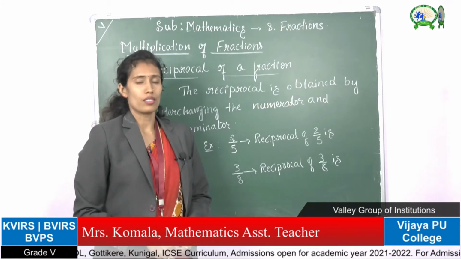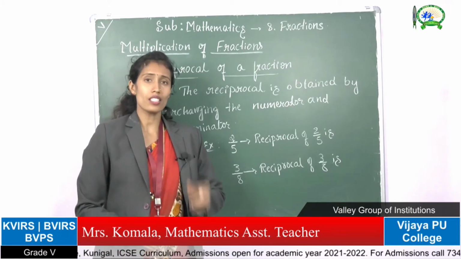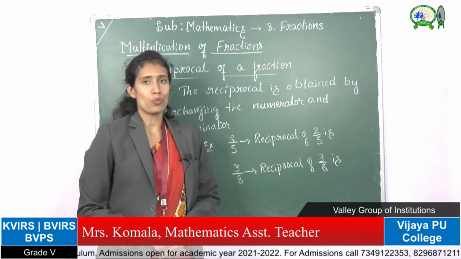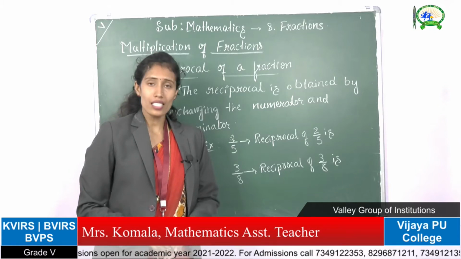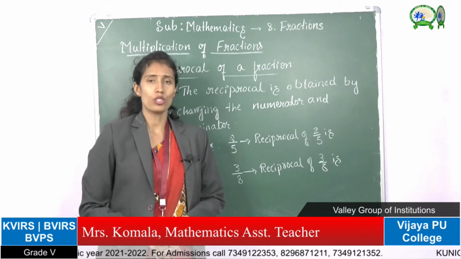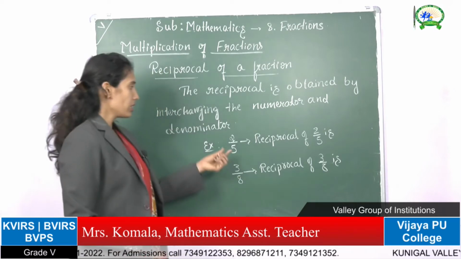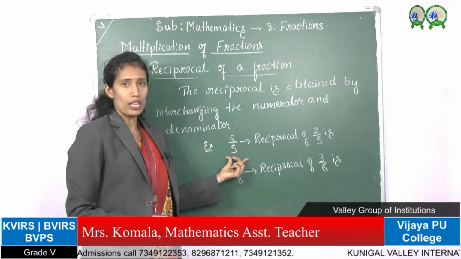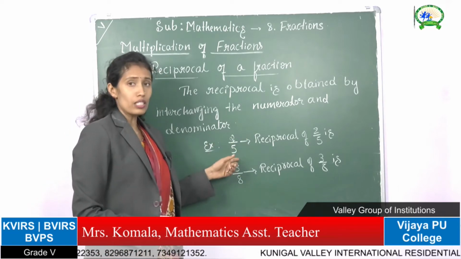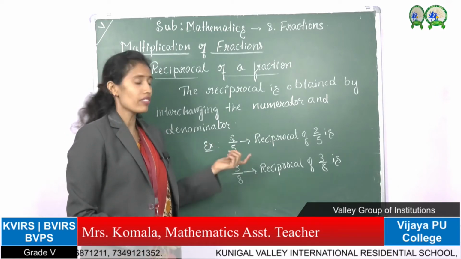Reciprocal of a fraction. Reciprocal, this is a new word to you. What is reciprocal? Reciprocal is obtained by the interchanging of numerator and denominator. How to interchange the numerator and denominator? Here I have taken the example 2 by 5. Now interchange the numerator and denominator, that will be the reciprocal of given fraction.